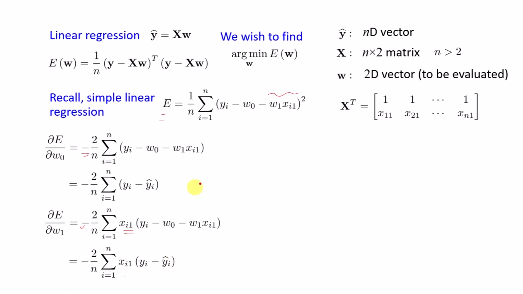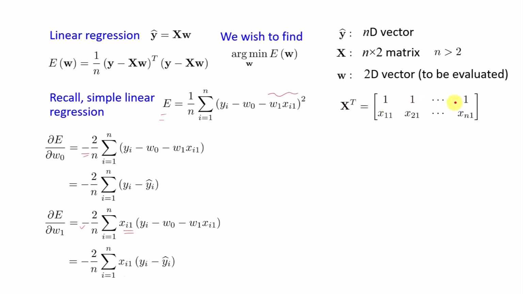Now, let us look into this yi minus yi hat. These are the elements of the y minus y hat vector. And this xi1 etc. are elements of the X transpose matrix. We are using the transpose here.